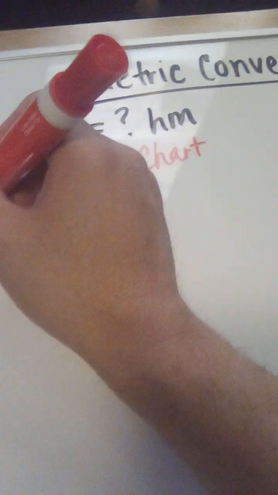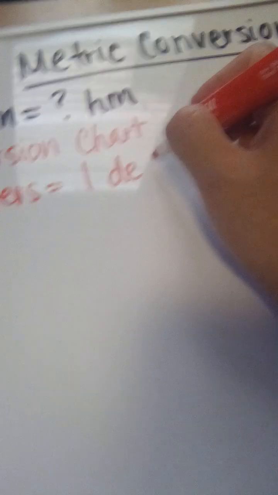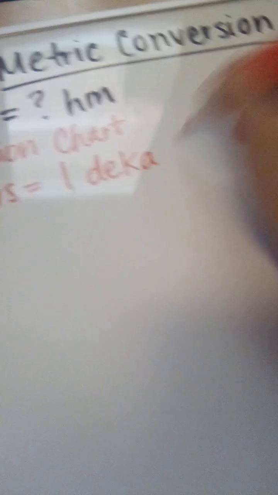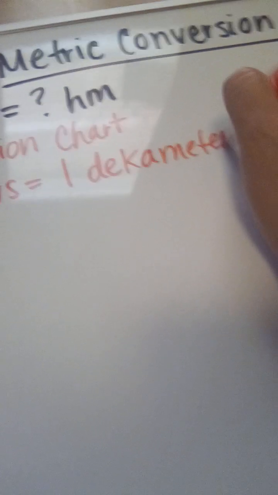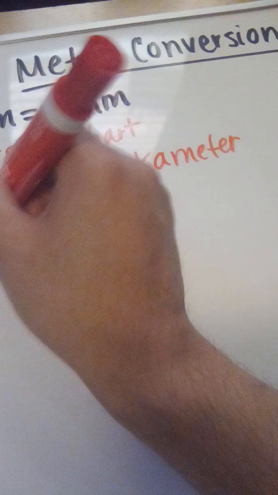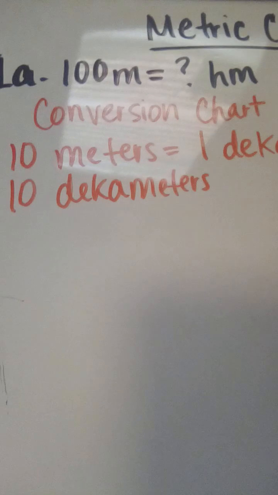There are 10 meters equals 1 decameter. And 10 decameters equal 1 hectometer.